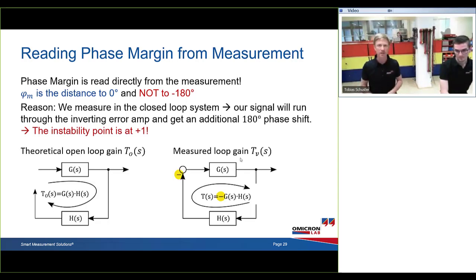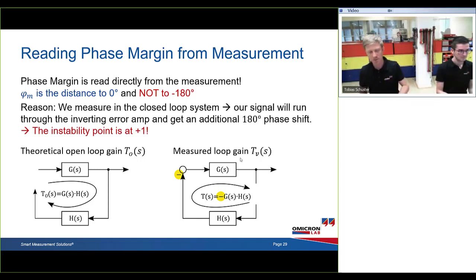I'll try to explain it in a little bit different way. On the left hand side you see a feedback loop that is opened, so the summing node did disappear, or we wanted to take out the summing node, and the open loop gain normally is defined as the transfer function of the open loop, so T times H in that case. That would be the open loop gain. What we measure in our measurement, you can see on the right hand side. The summing node, that's part of the error amplifier, the inverting amplifier, is still in the system, and we break it at the feedback side and then inject the signal there.